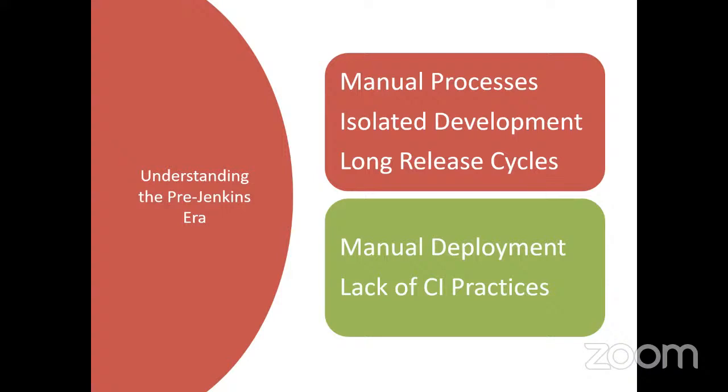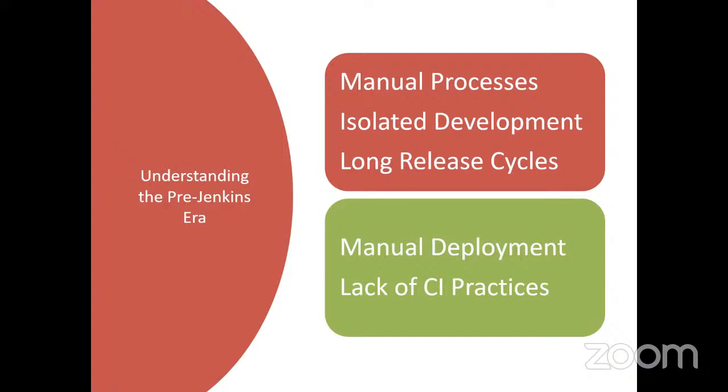Lack of CI practices. CI means continuous integration. What is continuous integration? If you have multiple developers available in your organization, they are making changes every hour. So on an hourly basis, you have to do the deployment as well. If it is a big company, the developers are more, so your changes will be required to be deployed after some time to test it out.